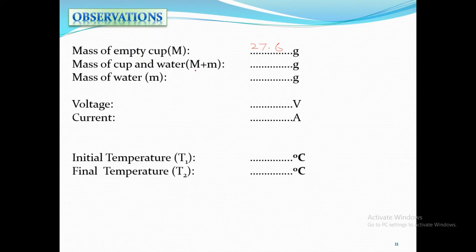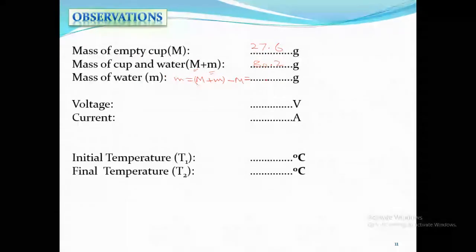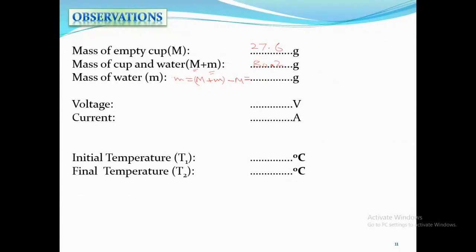So the mass of the cup plus the mass of the water, I have 80.2. Then the mass of the water, M, is equal to that minus the mass of the cup. So you do the calculation: this is 27.6 and this is 80.2 grams. You will subtract and write it down here.